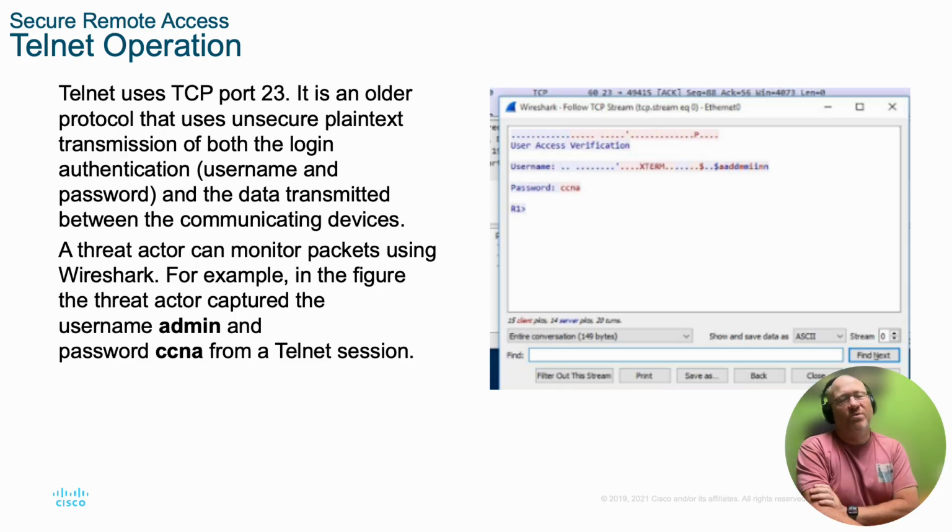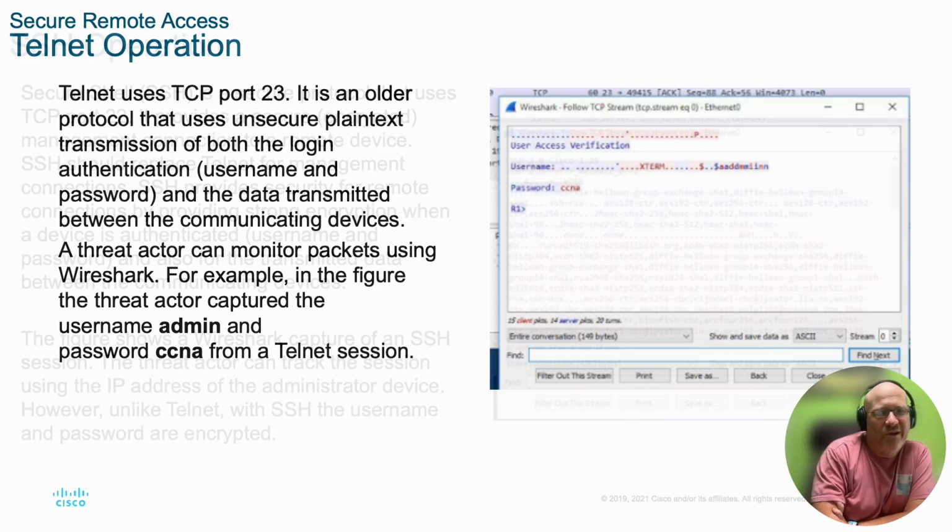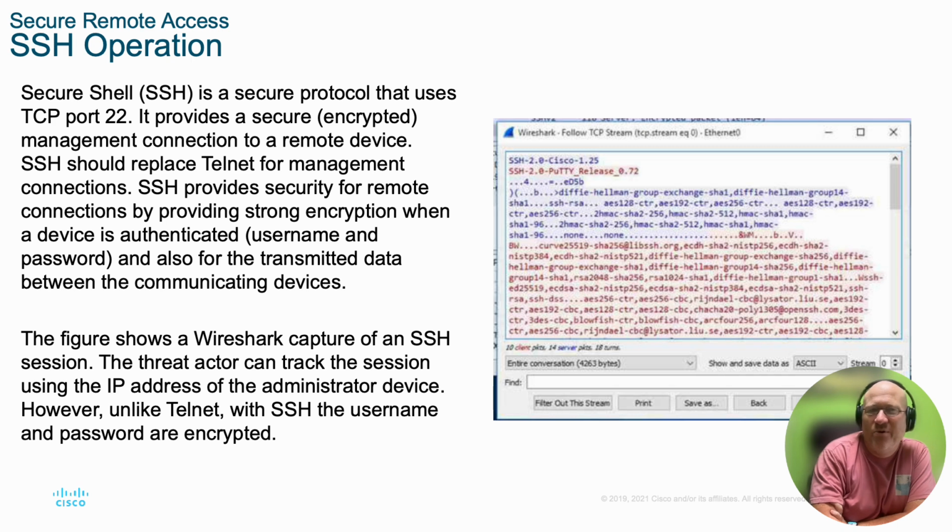So it is capturable. It is very, very insecure. And we're not talking about emotionally either. SSH replaced that, and obviously it's more secure. It is encrypted, and yeah, it is in effect gobbledygook.